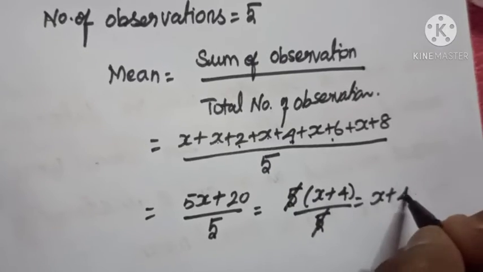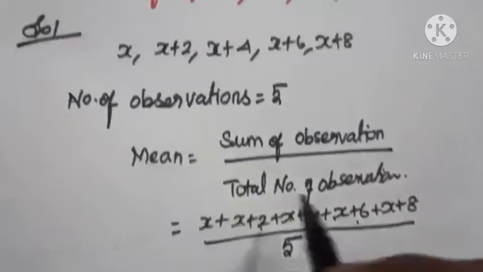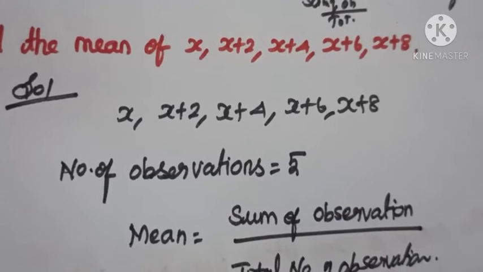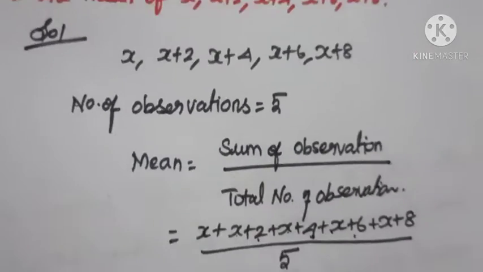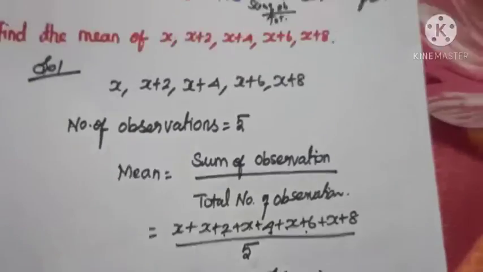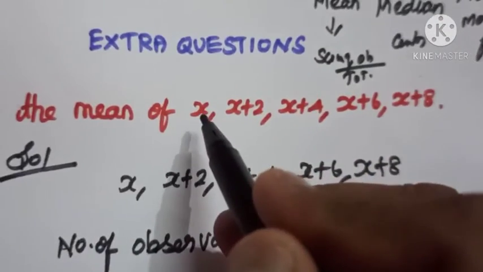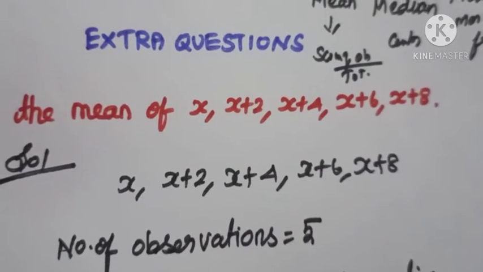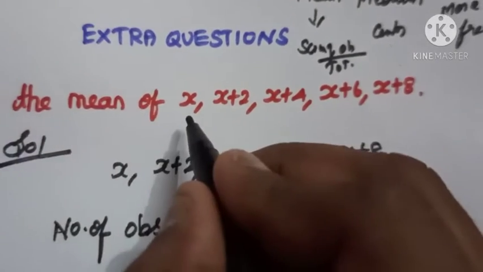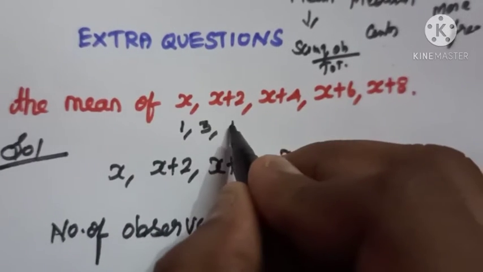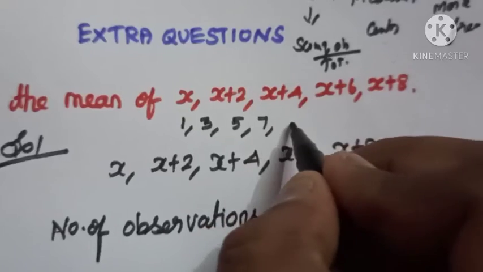x plus 4 is the mean of the given data, because there is no numerical value, it is combined with the variable. So you take x plus 4 as the average. If you take x is equal to 1, then the average is 5. So how does it become 5? If x is 1, the data is 1, 3, 5, 7, 9.